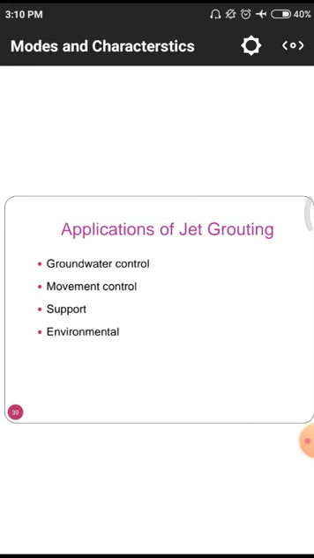Due to heavy rains, seismic activity, storms and extreme temperatures, there may be cracks and settlements, and failures will take place. So the environmental impact is very important whenever we are going to utilize these kinds of jet groutings.